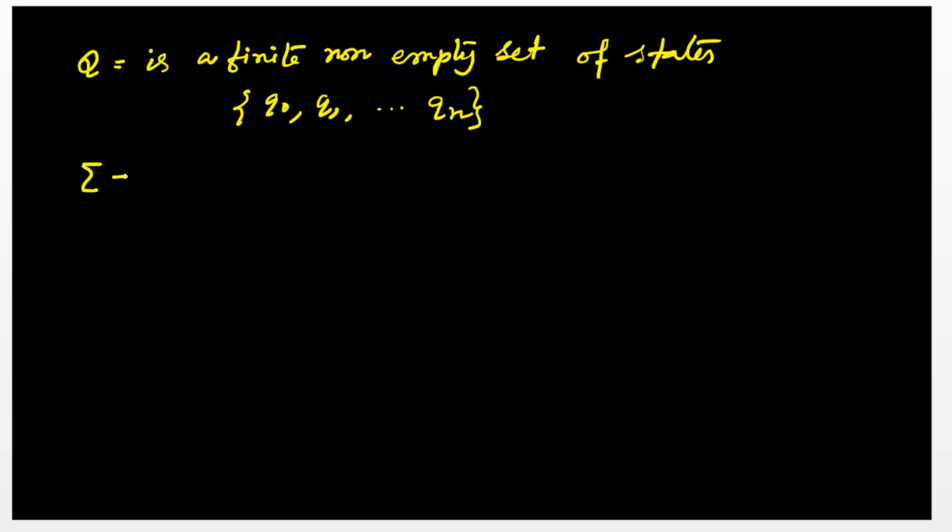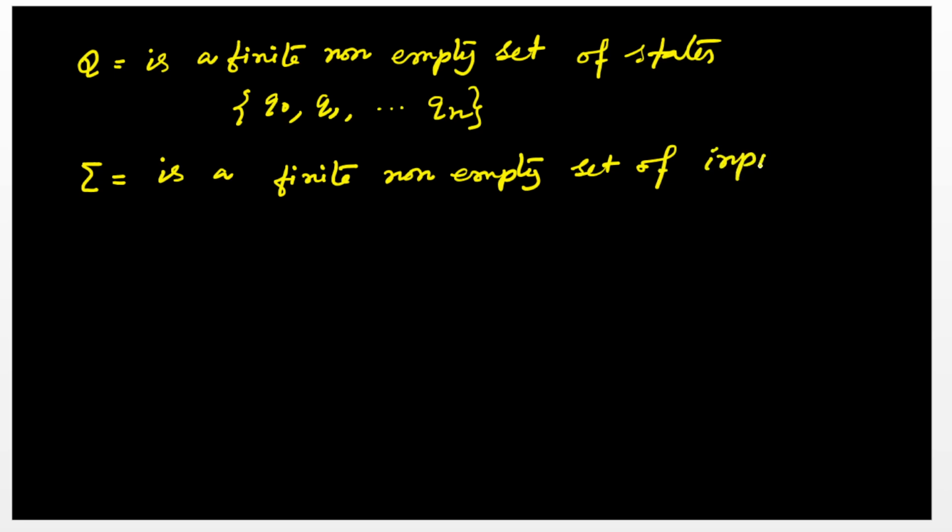Now sigma, the alphabet, we can define as a finite non-empty set of input symbols, like suppose 0, 1, maybe A, B, etc.